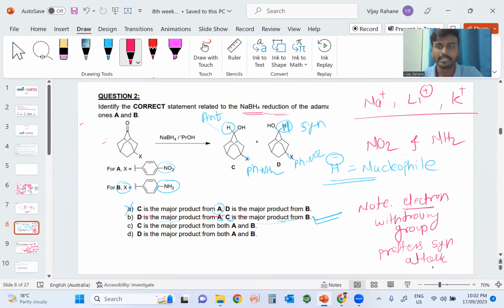So whenever you see an electron withdrawing group, for such systems you have to do the syn attack. Otherwise, if it is an electron donating group, then you have to do the anti-attack. So option B is the correct option here, and the others will obviously be incorrect options. The concept here is just the electron withdrawing group, so keep this noted. This is some sort of informative type question.